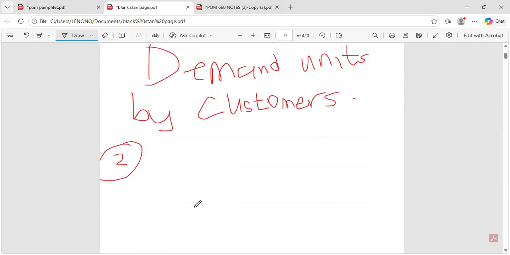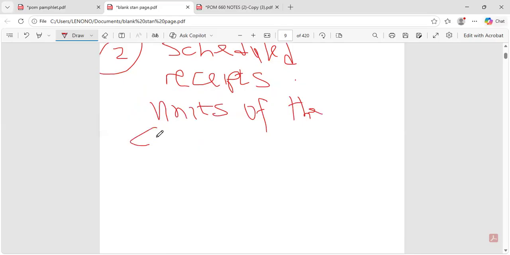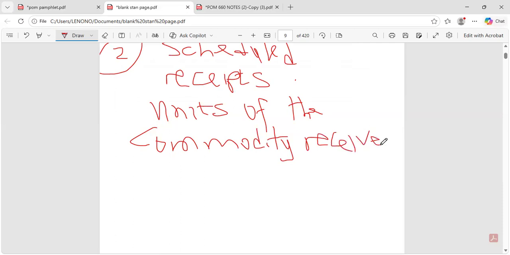Component 2 is scheduled receipts. So scheduled receipts, these are units of the commodity received by the firm from suppliers.